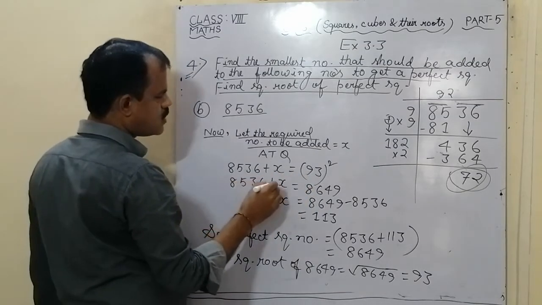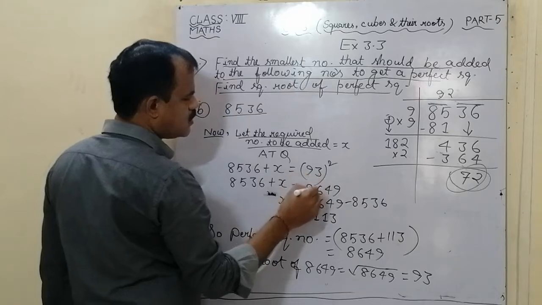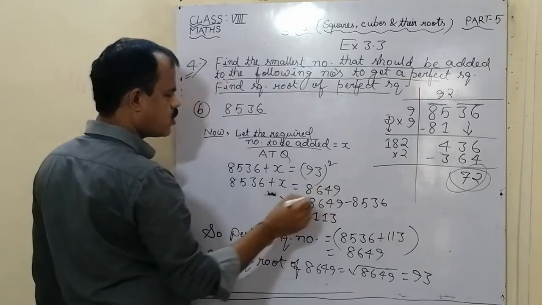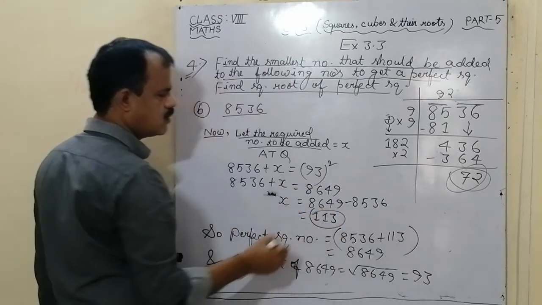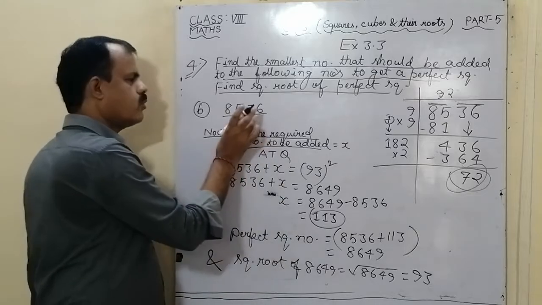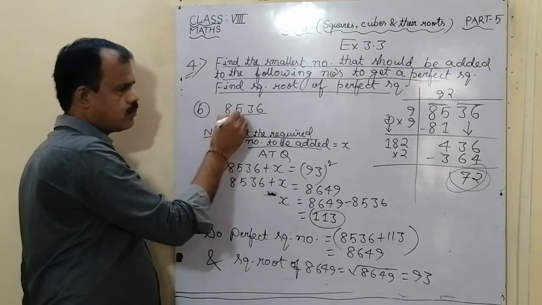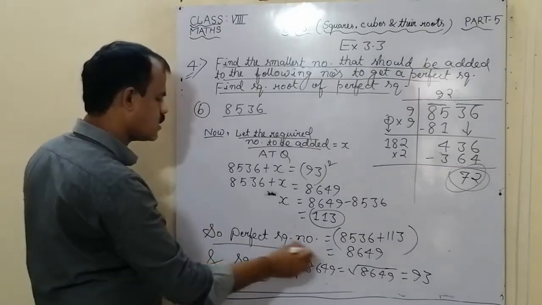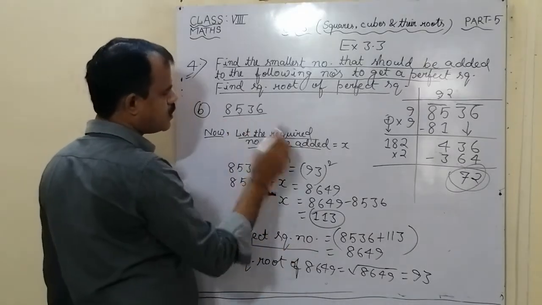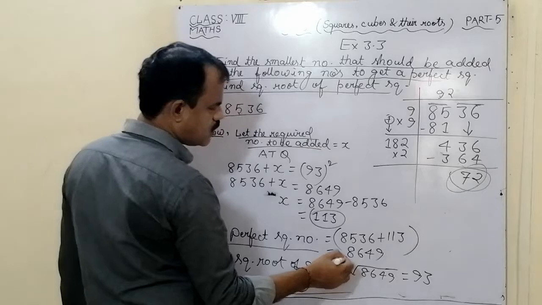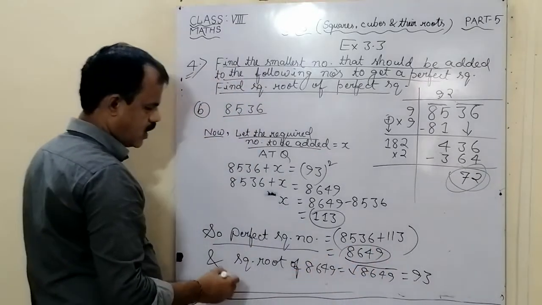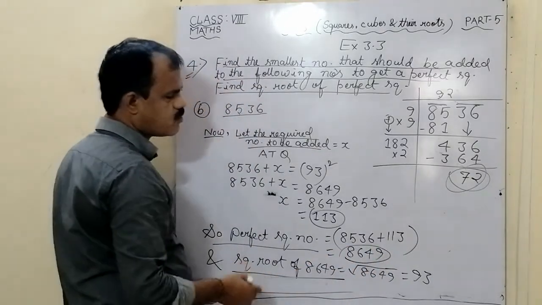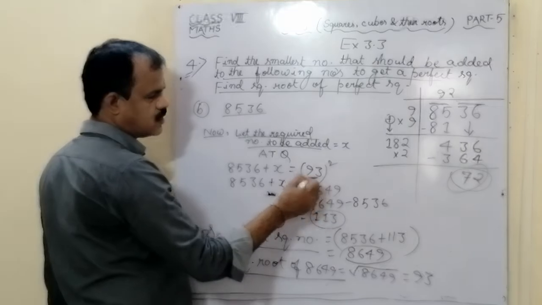So 8536 plus x equals 93 squared, which is 8649, so x equals 113. So we have to add 113 to that number so that it becomes a perfect square number. So the perfect square number is 8536 plus 113, which becomes 8649, and the square root of 8649 obviously becomes 93.